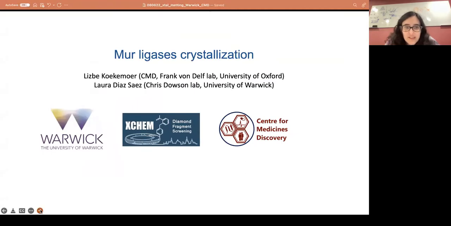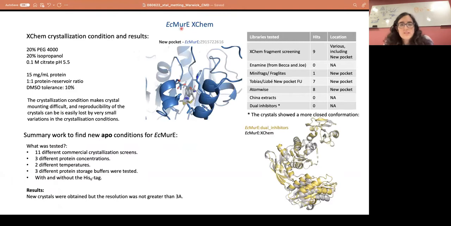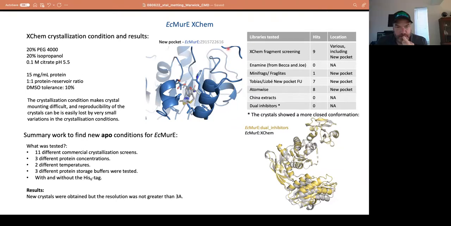Yeah, all right. So I'm just going to give an update on everything we have been doing for XChem. Starting with E. coli MurE, this was one of the initial efforts that we were doing. It was started by Lizbe and the SSGCID, so a lot of libraries have been tested for this particular system.